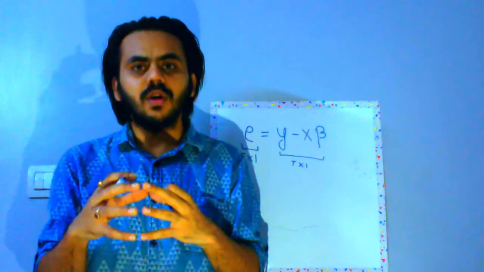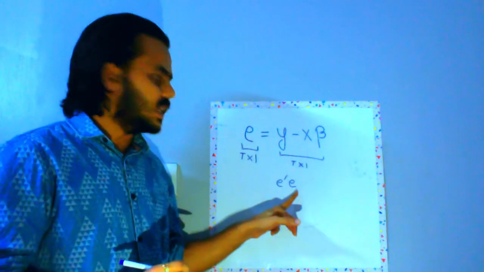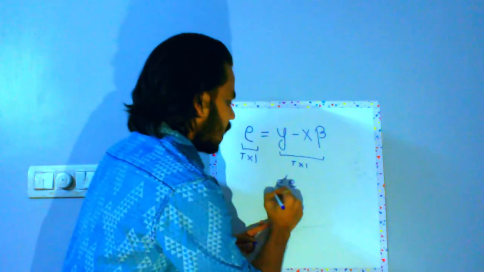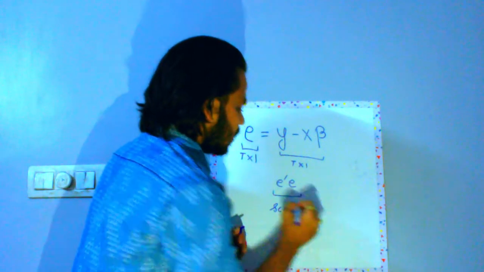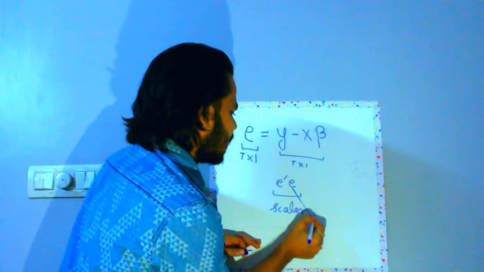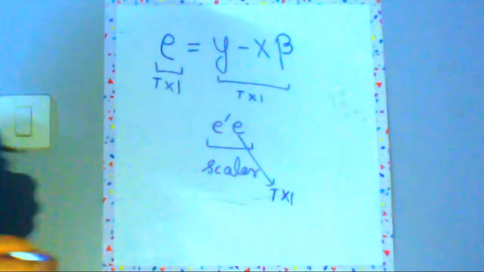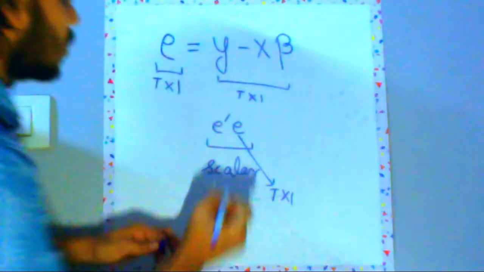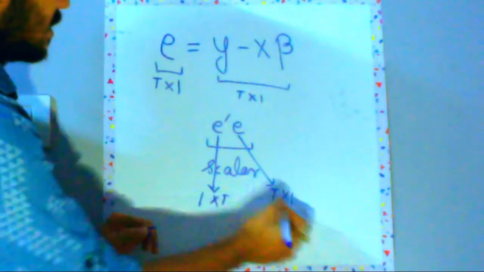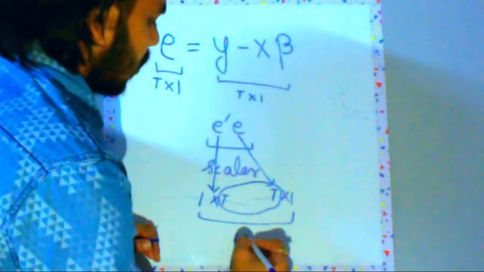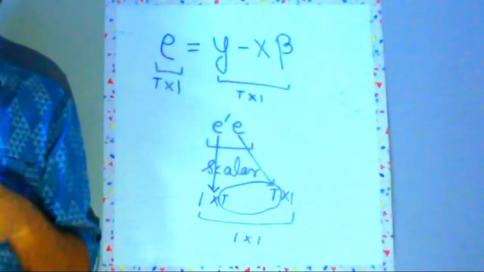If you recall a bit of linear algebra, E transpose times E would give you a scalar quantity. Now you need to understand why. E has a dimension of T cross 1, so the transpose of E would have a dimension of 1 cross T. If you multiply them, it will have a dimension of 1 cross 1, which is a scalar quantity.